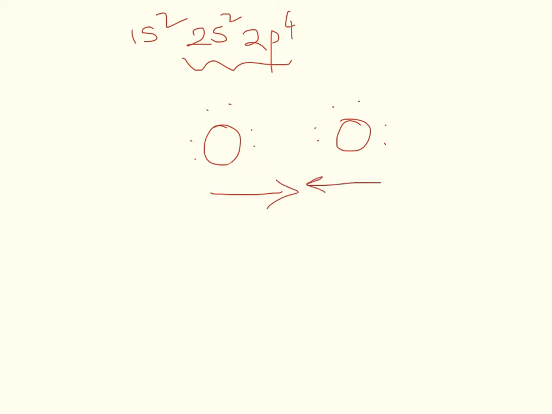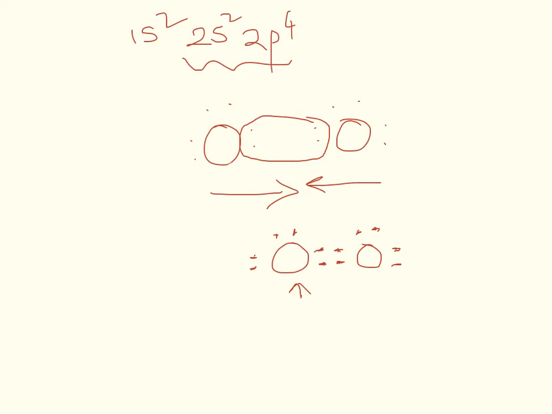They come to a closer distance, and these 4 electrons will come within the range of both the oxygens. Right? So now there are 8 electrons for this oxygen and 8 for this oxygen.